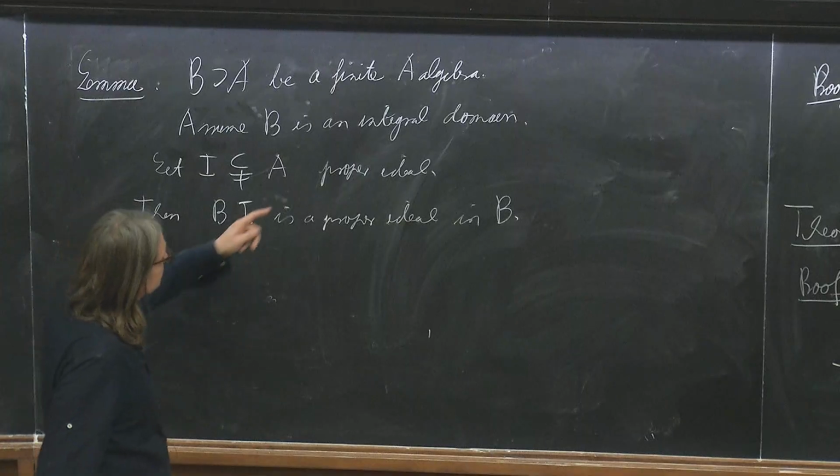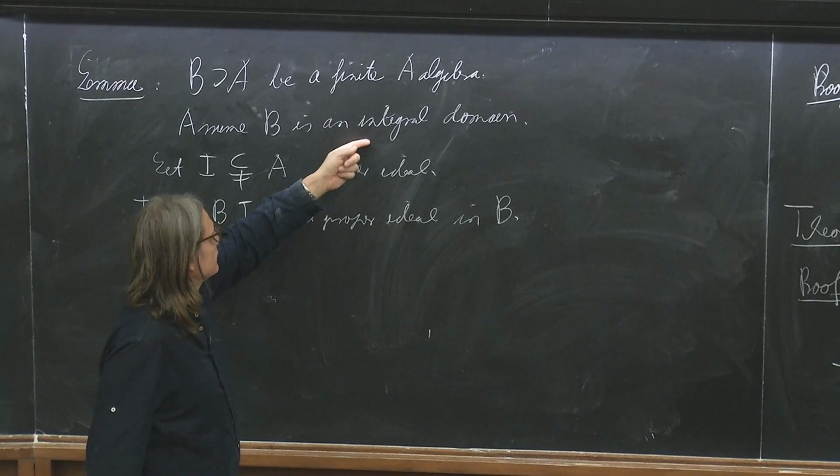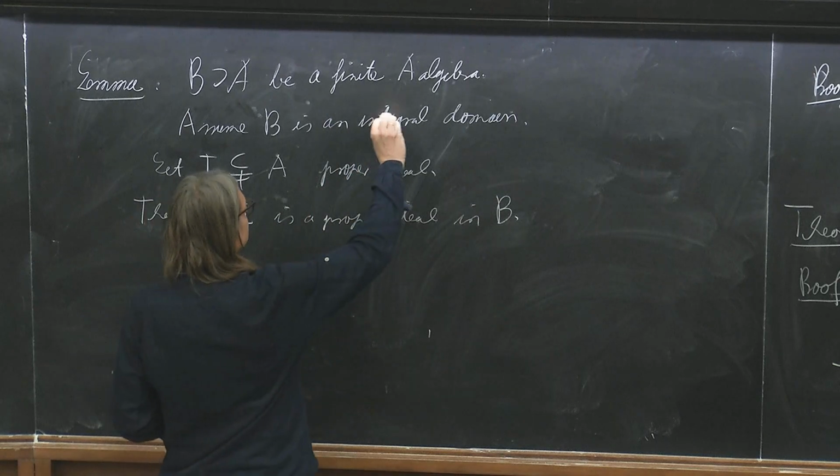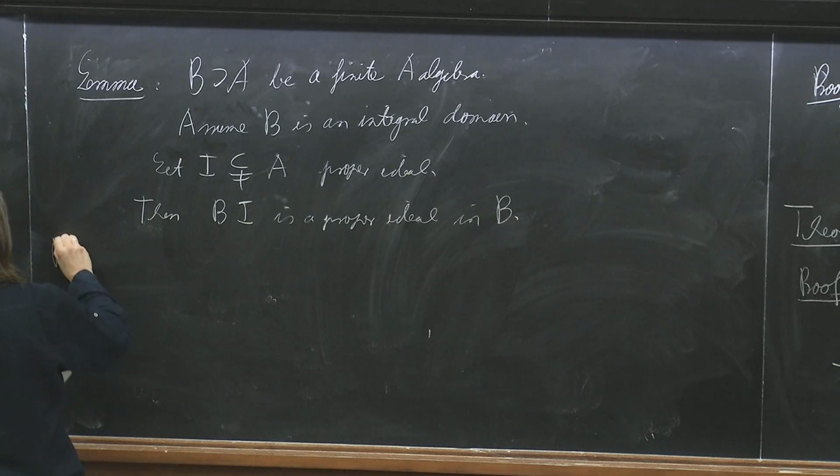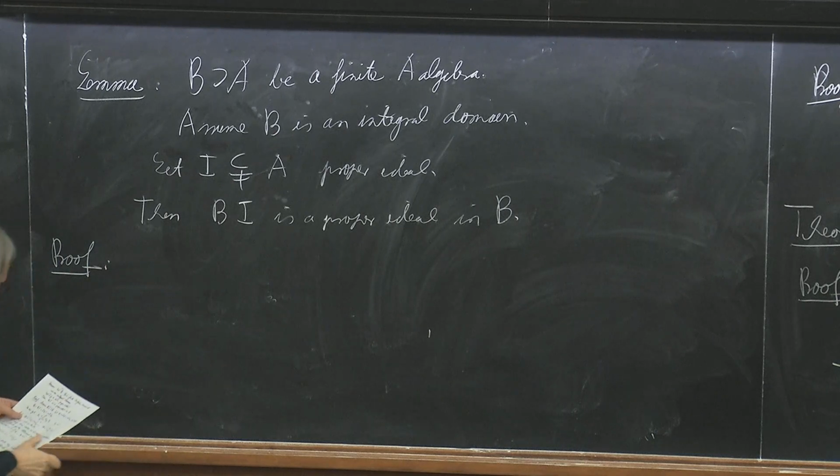So now here we have again the story with the integral domain. This is maybe a hint that we again use the determinant in a very similar way to how we used it before. So proof. First we write down very similar things to before.